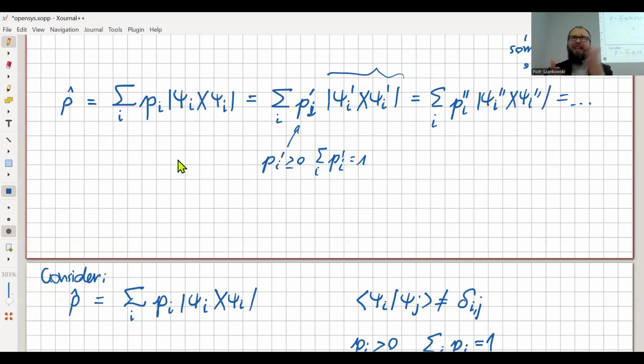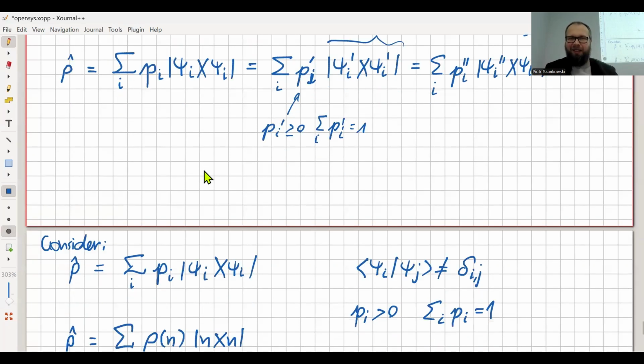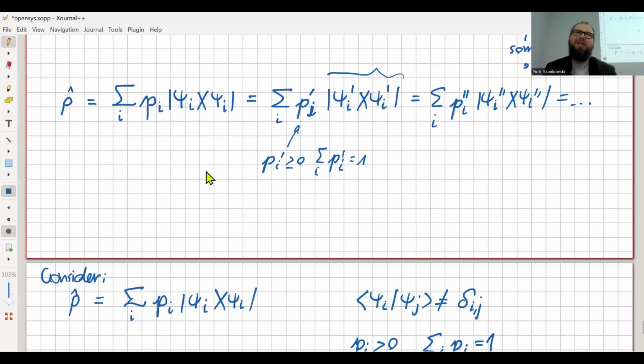And then you cannot say that there's some machine that does it. It's a completely different effect. So it's an interesting topic, and I don't think we can go into all the details right now. But just be aware of this, okay? It's not so simple to interpret what this mixed state means, okay?